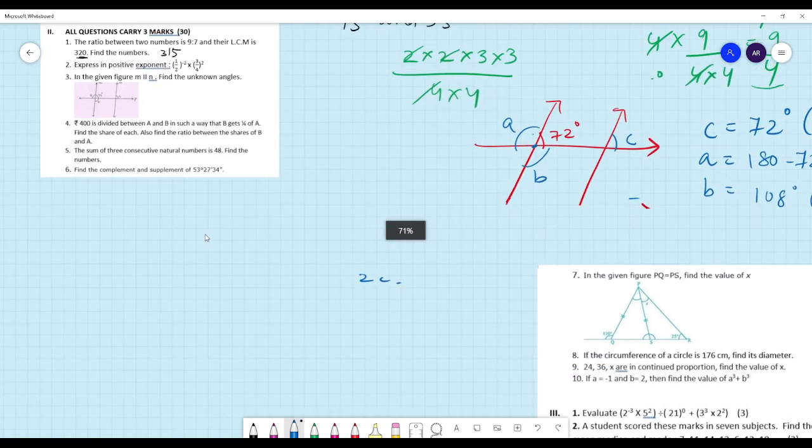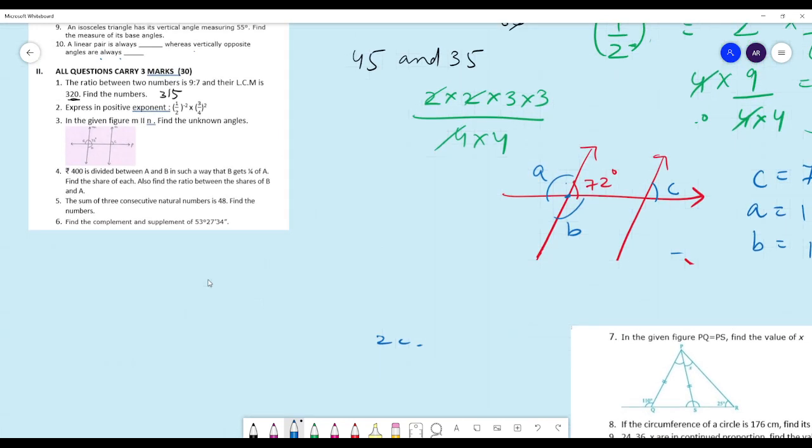The question over here says rupees 400 is divided between A and B in such a way that B gets 1/4 of A. So how does this work out? So let A get rupees 100. This implies that B gets 1/4 of A. That means B gets rupees 25.